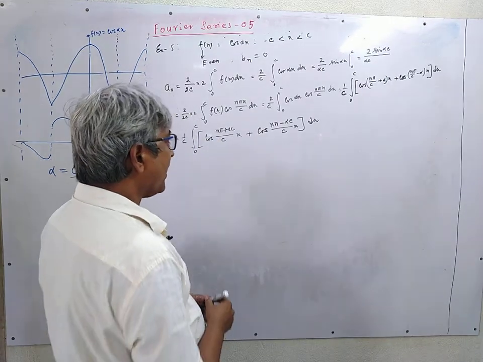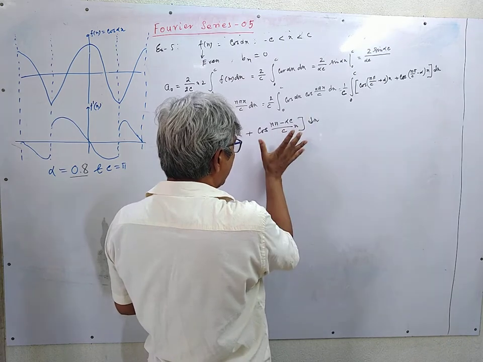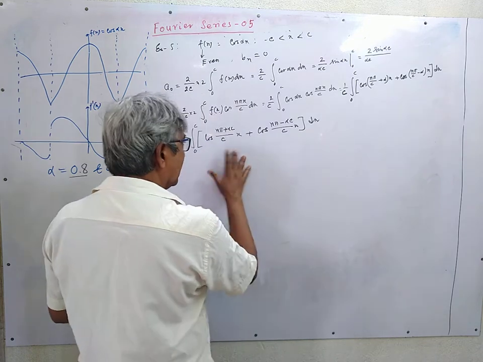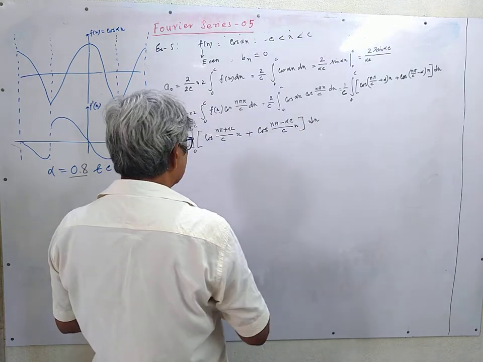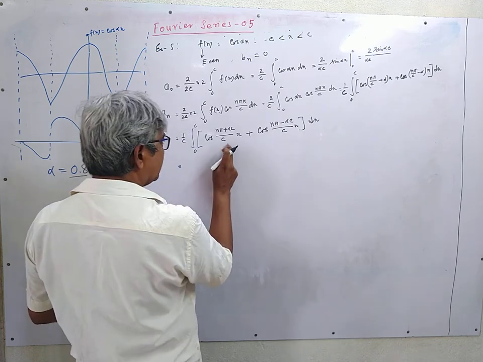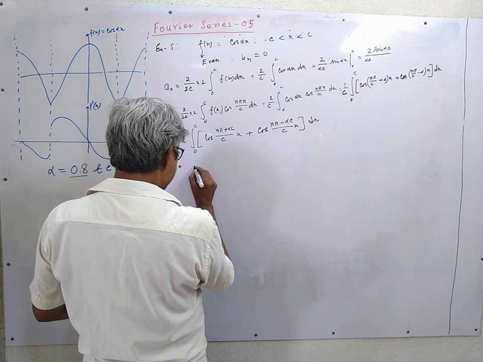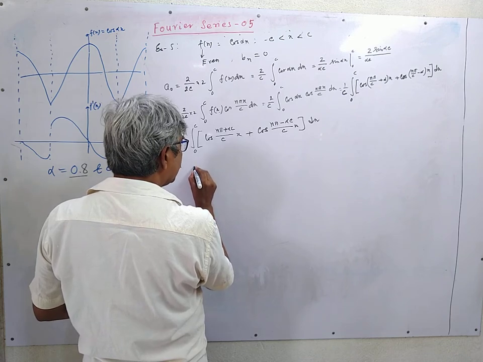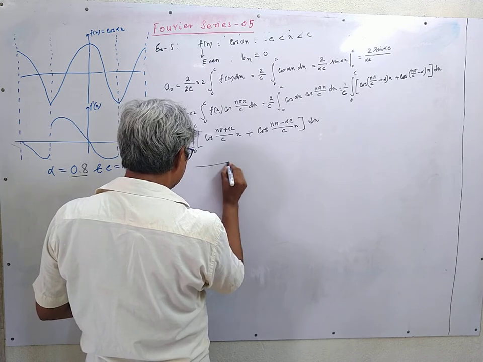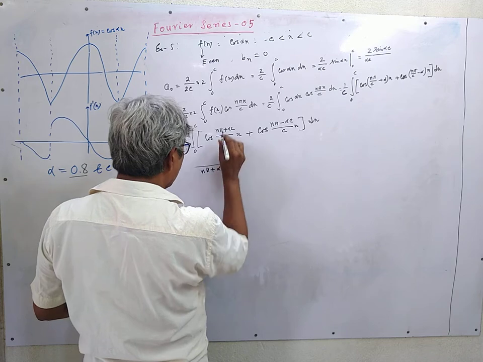You see, if alpha c happens to be an integer, then this part only contributes and the result is 1. Now if we integrate this, c cancels, and in the denominator we will have n pi plus alpha c.